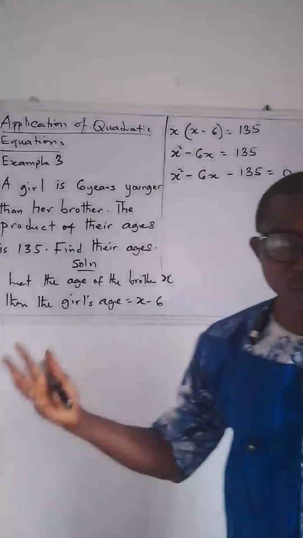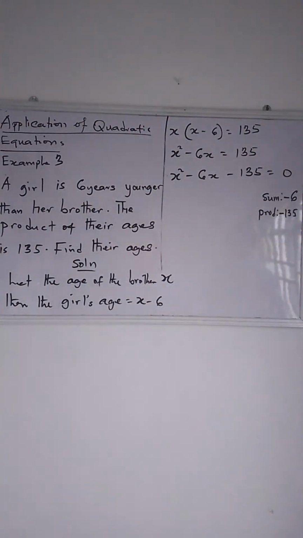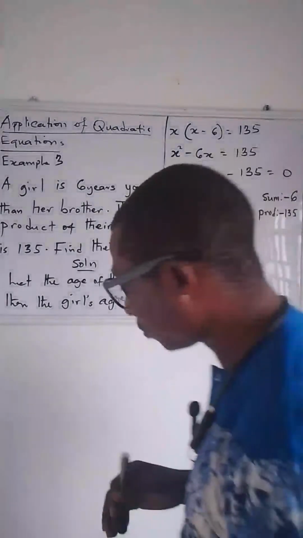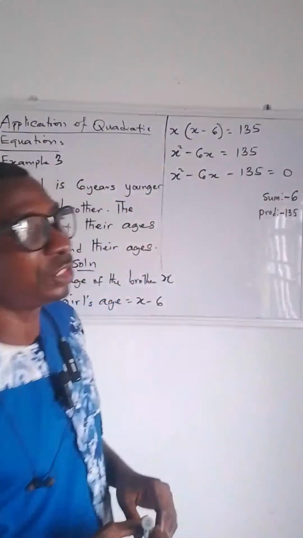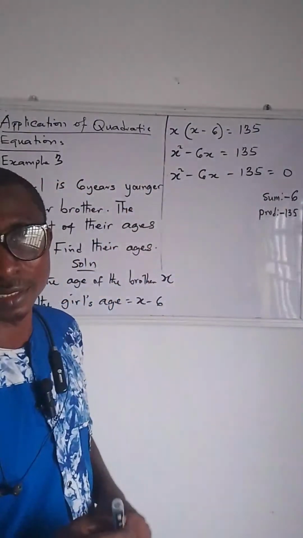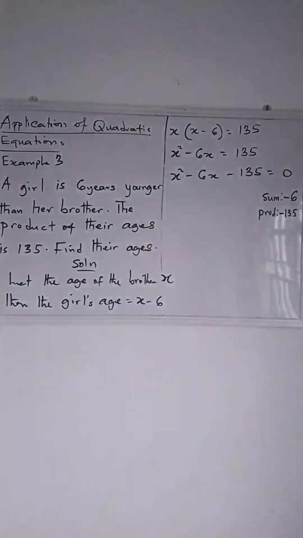Now, can you give me the two numbers? Give me the two numbers such that when you multiply together, you have minus 135 and the addition is minus 6. Yes. All right. Let's see what we have. Let me see the first person to give me the correct answer. Okay, Agbade has dropped an answer, but we are not sure maybe that's going to be the correct answer.